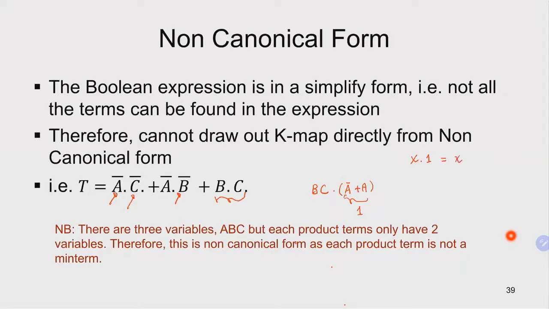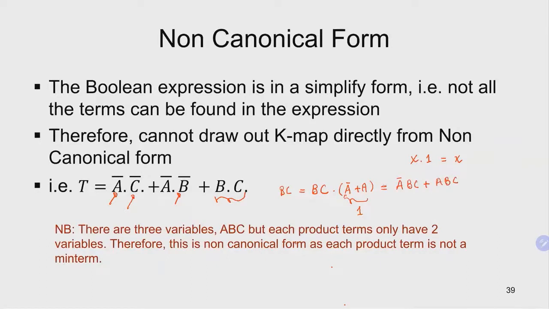So we can take BC AND with A bar OR with A, because this bracket is equal to 1, so this is also equal to BC. If we expand this out, we have A bar BC OR with A BC.